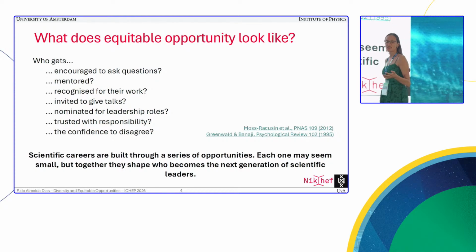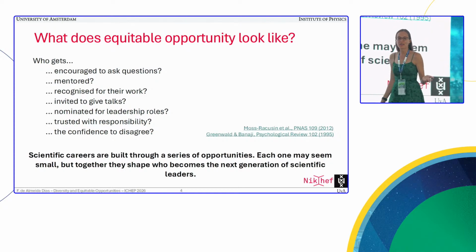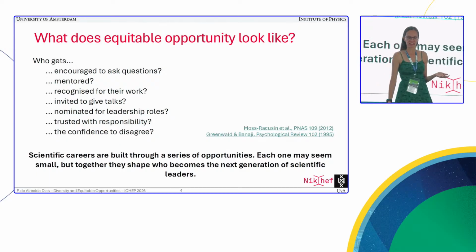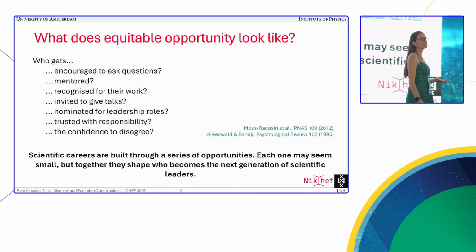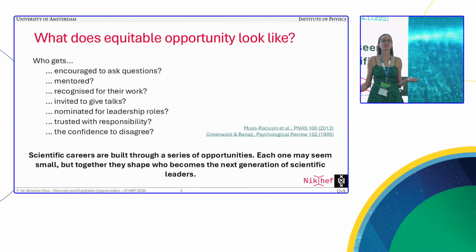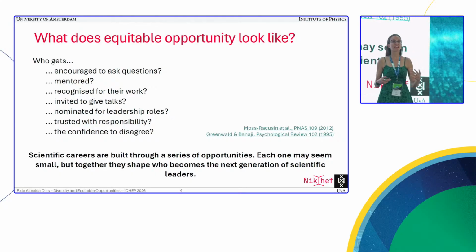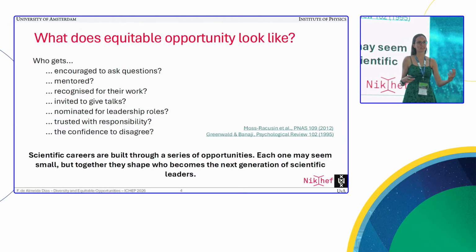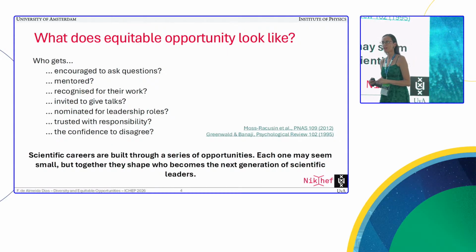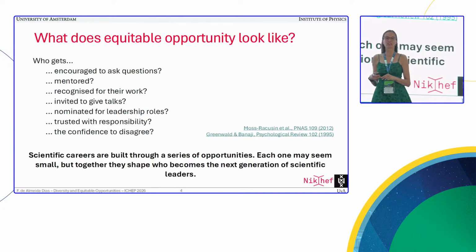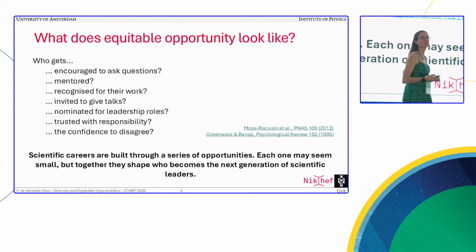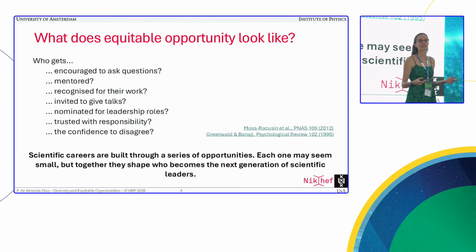Now, you may ask yourself, what does equitable opportunity then look like? If you think about the scientific career, how do you build your scientific career? Every step, every opportunity that you got and that you took, it's what brought you where you are right now. And then I invite you to think a little bit about who else gets to do the things that we did in order to be here in our career.